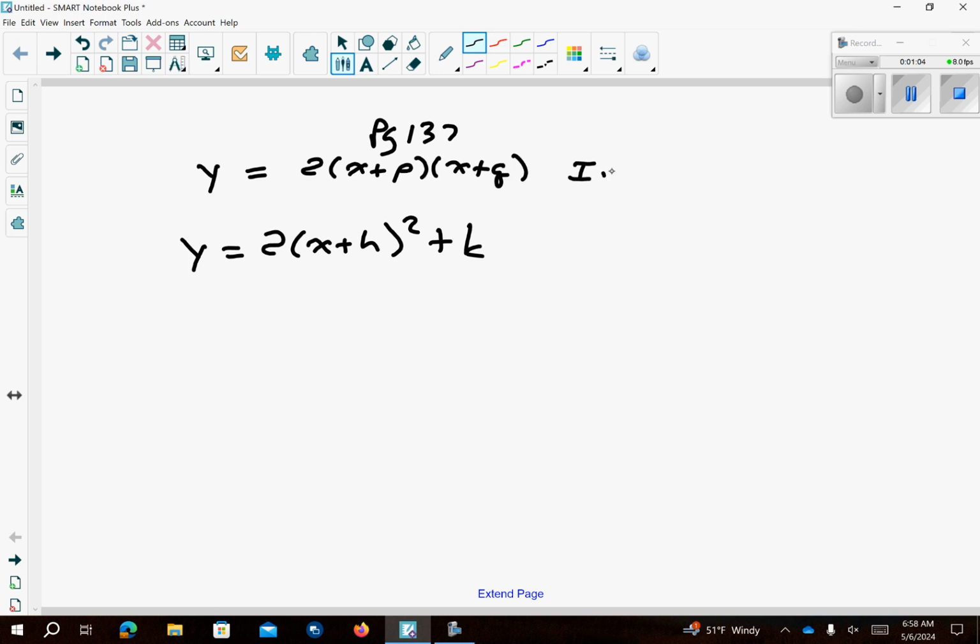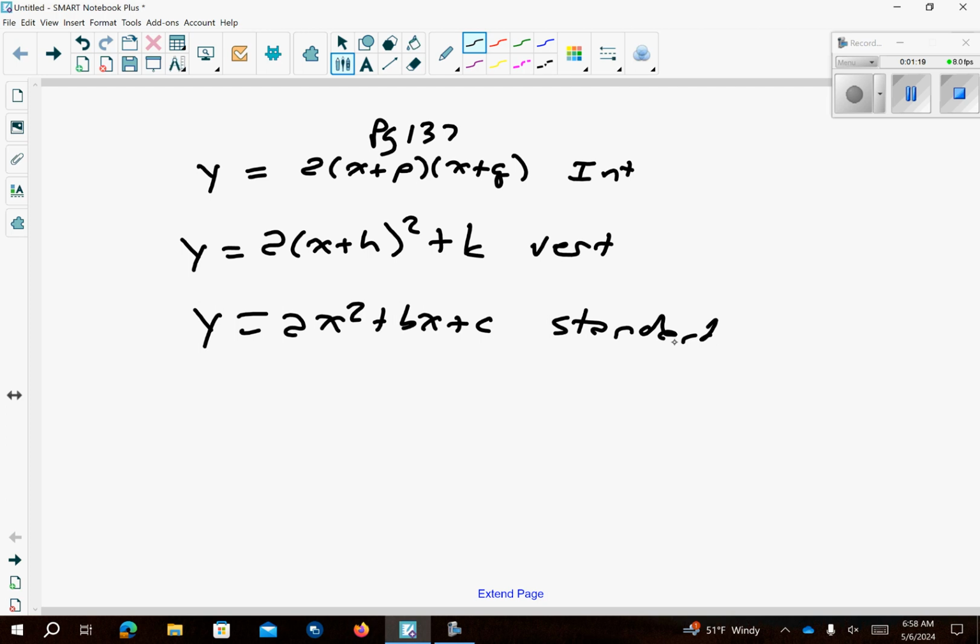So this is intercept, and then this is actually vertex form. And then if we have it like this, it is called standard form. So kind of out of order. All right, so problem number 1.